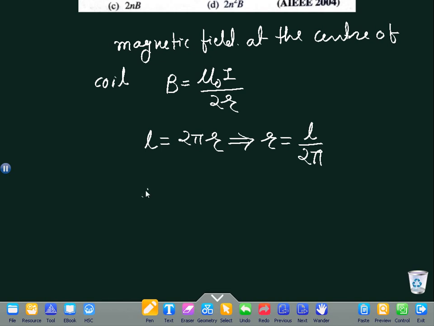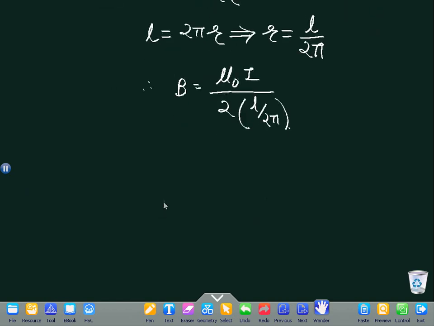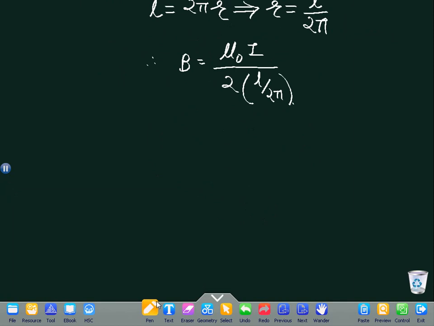So B is equal to mu naught I upon 2 times l upon 2 pi. For the one circular turn we get this equation. Consider this as equation number 1.